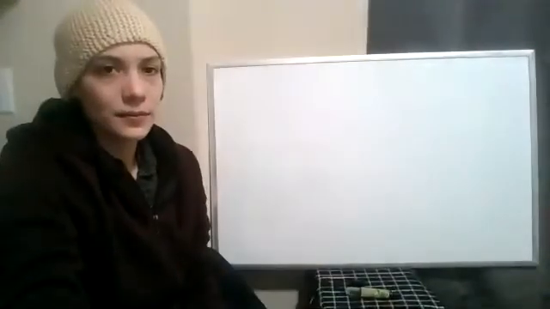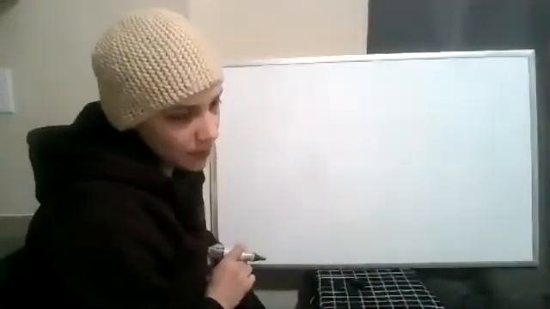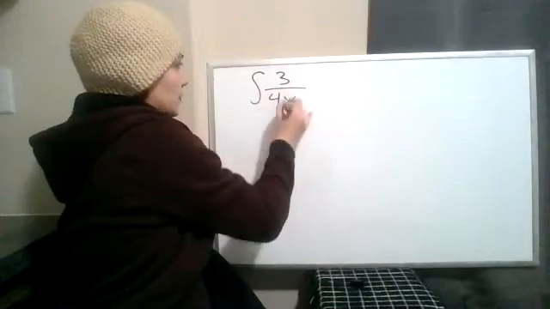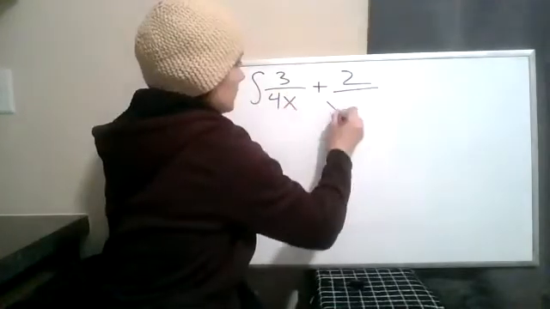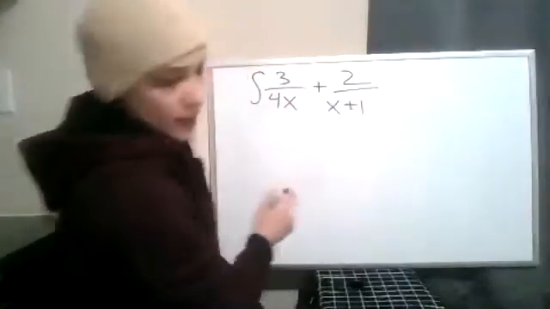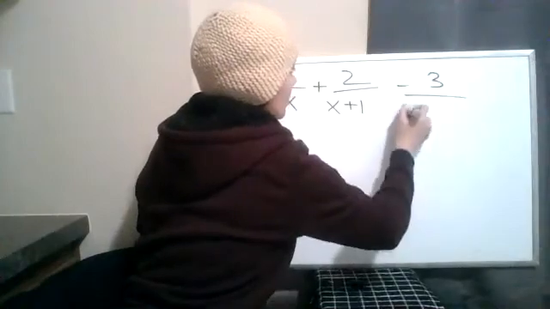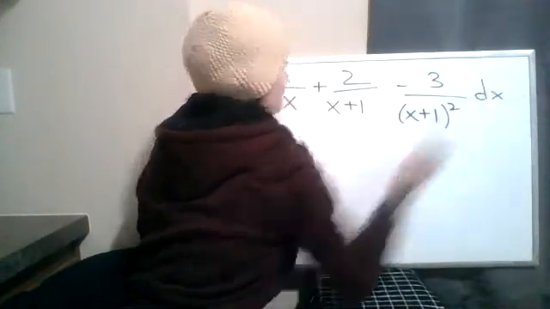We have the integral of 3 over 4x, and 2 over x plus 1, and negative 3 over x plus 1 squared dx.